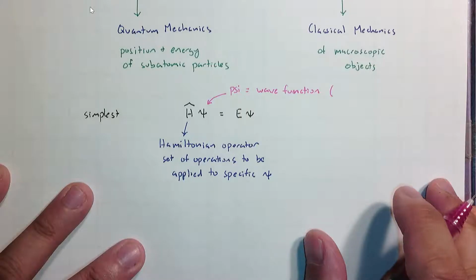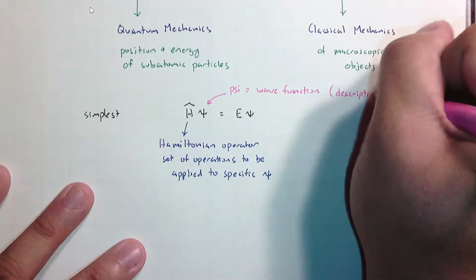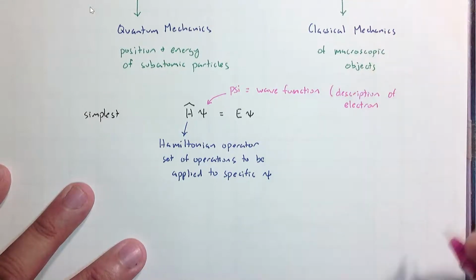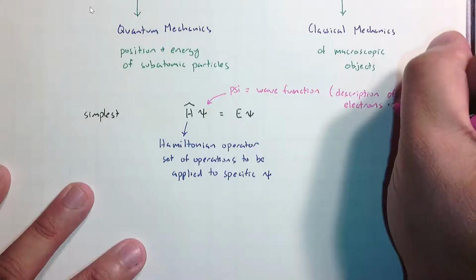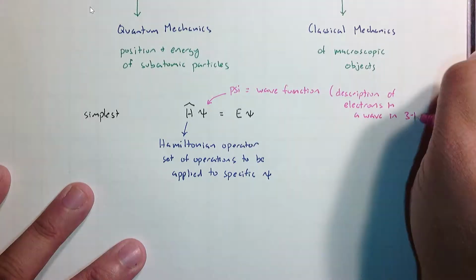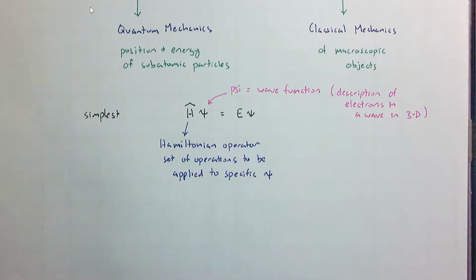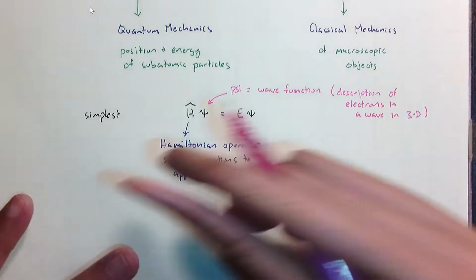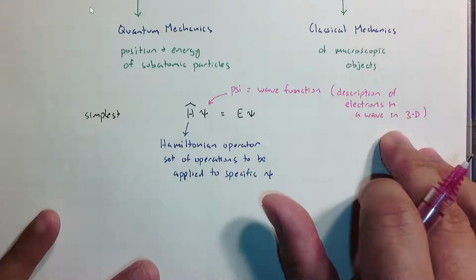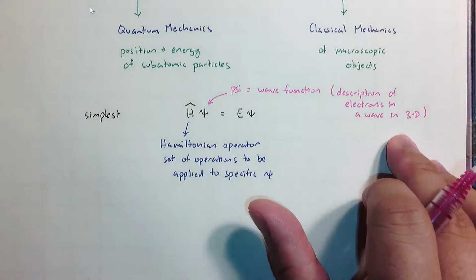A wave function is a description of electrons in a wave in 3 dimensions. This is a jump from Bohr's model, who said that electrons travel in orbits, basically flat orbits just like the planets. Here we're now going to think about where an electron can be in terms of volume, in terms of 3-dimensional shape.